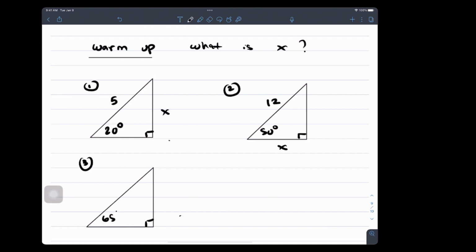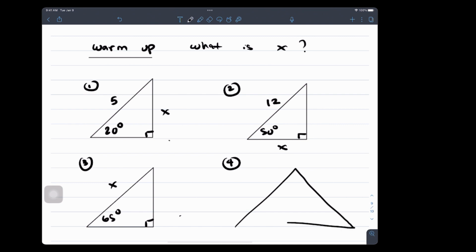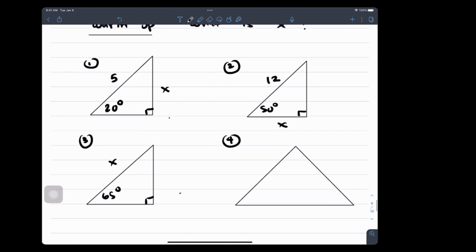Let's say 65 degrees, and this is X. So I'm going to find that value of X. Number 4 here. 75 degrees here.